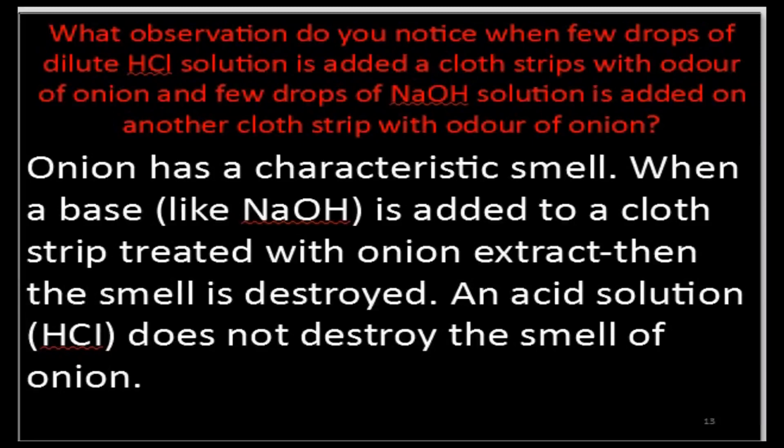Onion has a characteristic smell. When a base like sodium hydroxide is added to a cloth strip treated with onion extract, the smell is destroyed. An acid solution, hydrochloric acid, does not destroy the smell of onion.